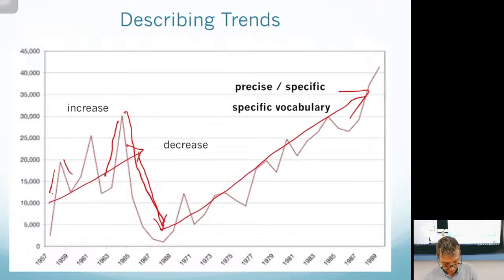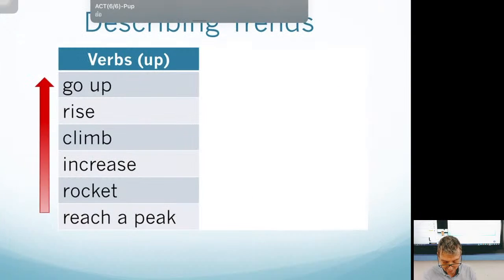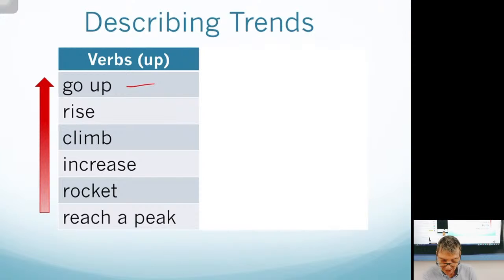Alright, so before we do that, we're looking for specific vocabulary. What are the other verbs associated or related to specific vocabulary? So we've got verbs which all mean to go up. So we have go up. Then you might have something like rise. Then you could also say, as an alternative, climb.